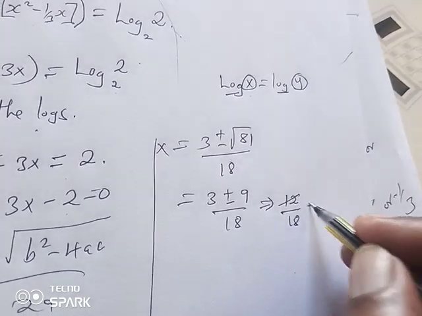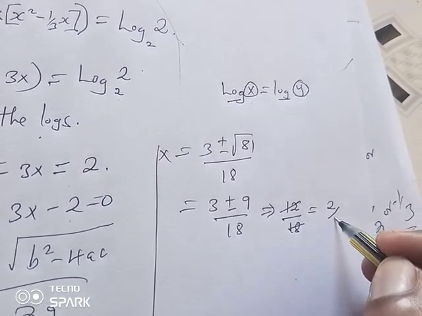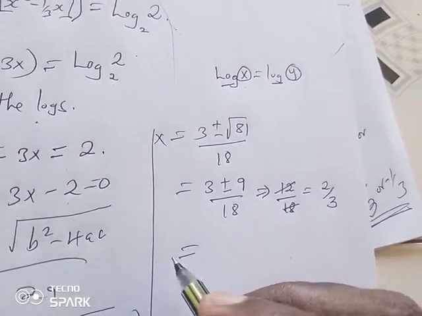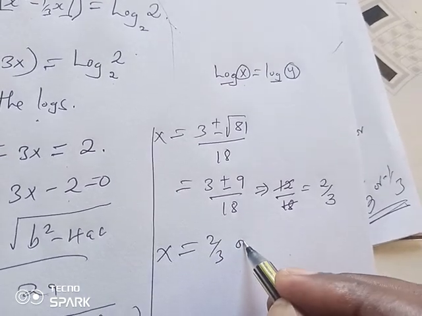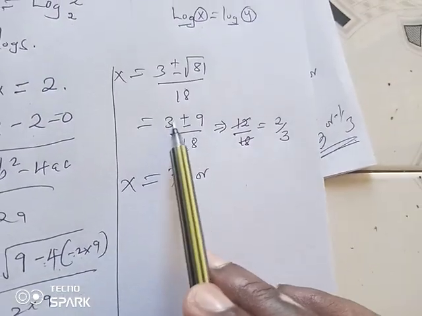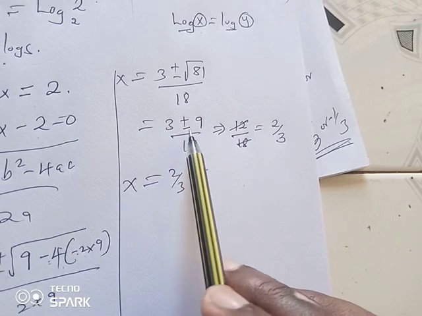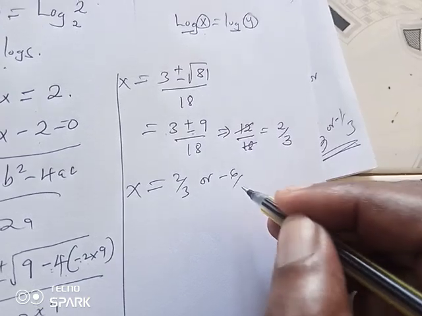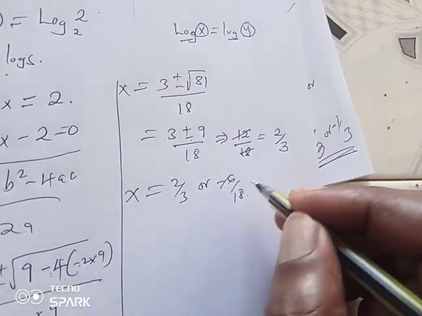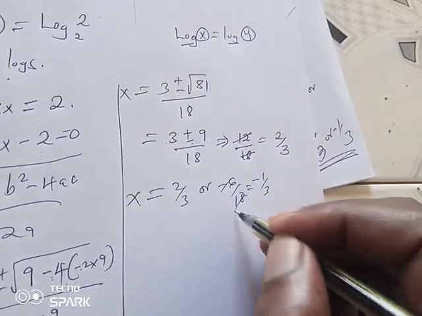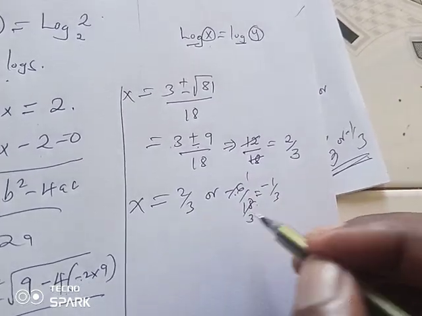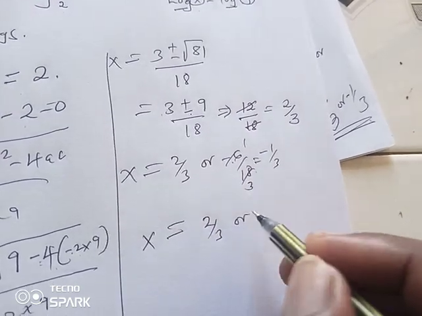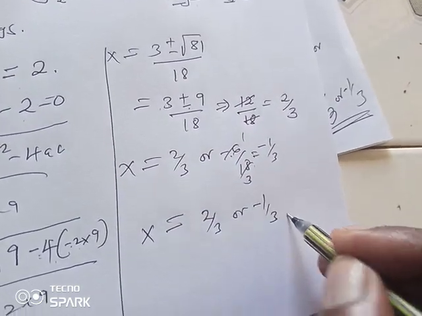Common factor is 6: 6 goes there 2, 6 goes into 18 3 times. So the value of x is 2 over 3, or if I took a minus of 9, then I will have minus 6 over 18, which is minus a third, because 6 goes there 1, 6 goes here 3. So my true values of x are 2 over 3 or negative a third.